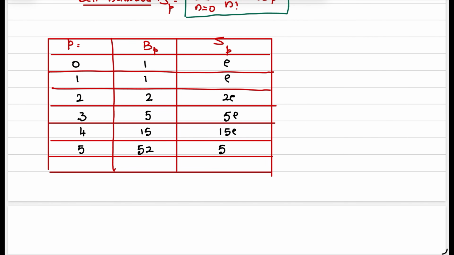The Bell number is 52 for the summation series. Now, for brevity's sake, for 6 please calculate and comment in the comment box. This is B_P, the Pth Bell number.